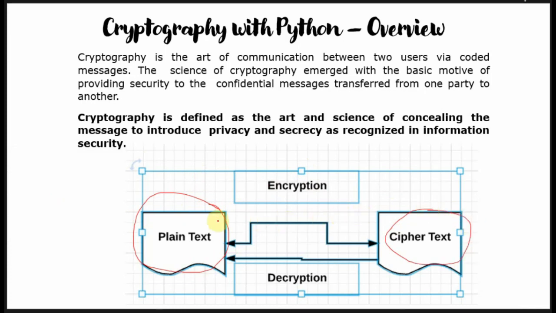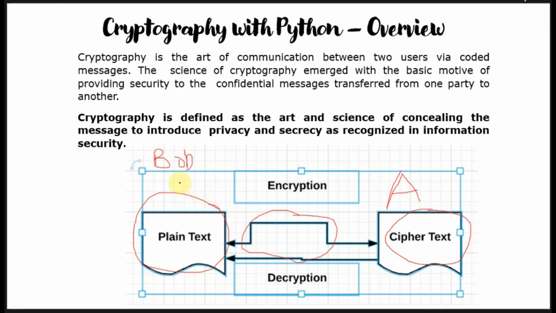So if you have two users, let's say Bob, and then you have Alice here. Let me just use A for Alice. Now Alice and Bob would want to communicate, and this is over a communication channel. Think about a communication channel like the internet.